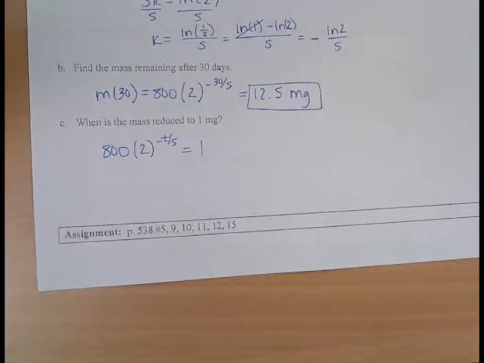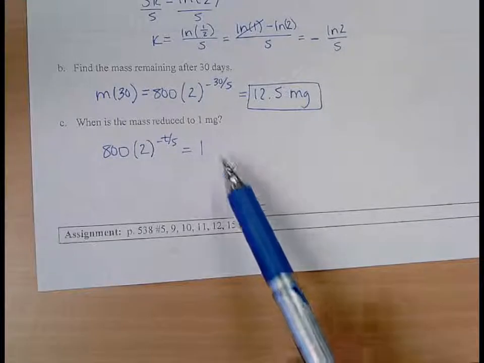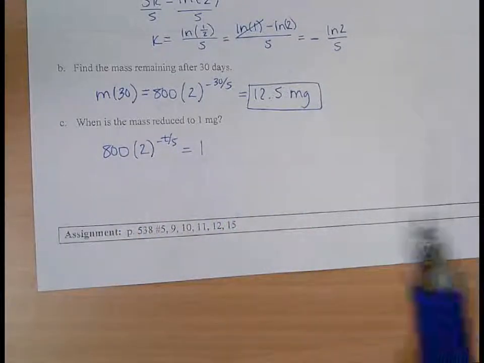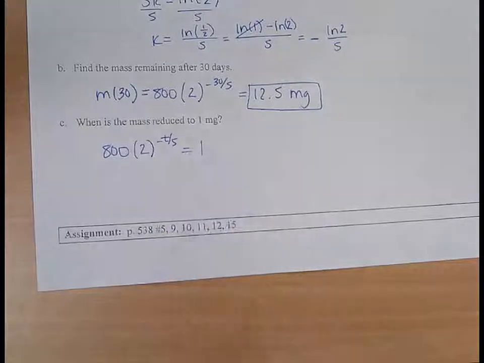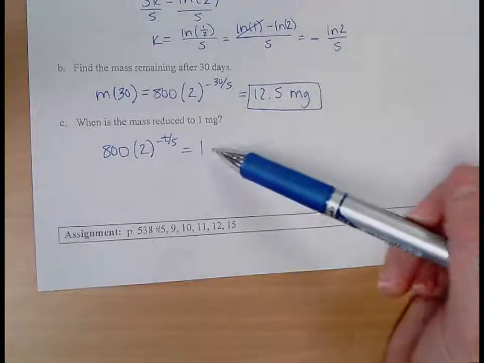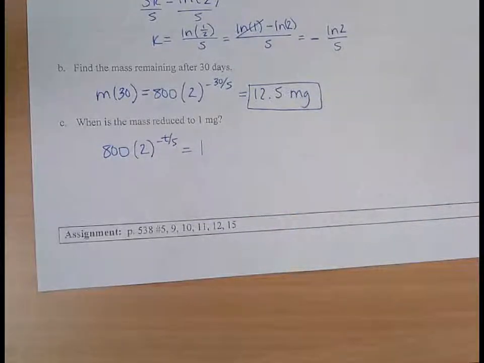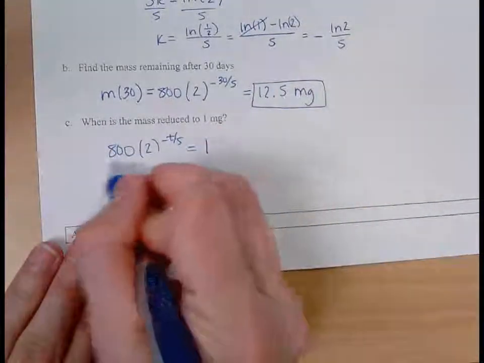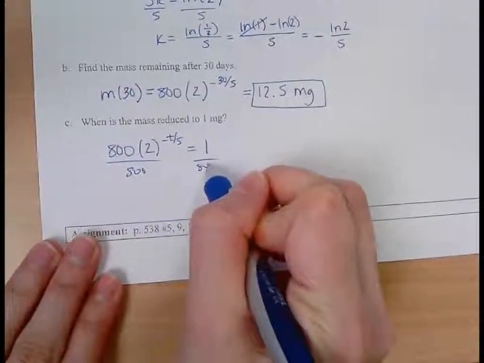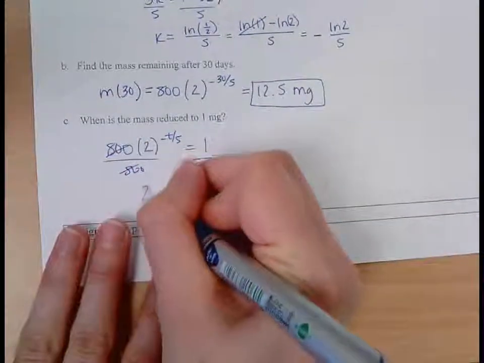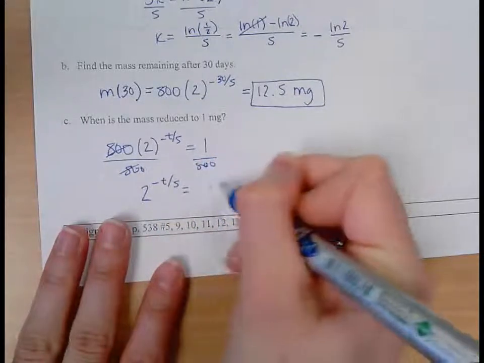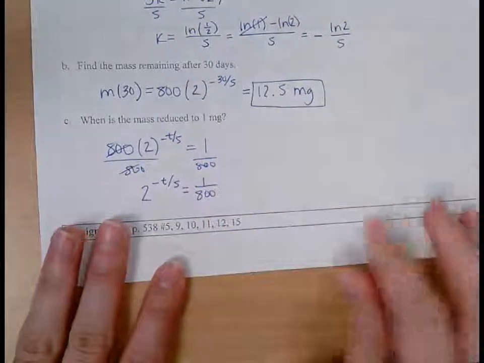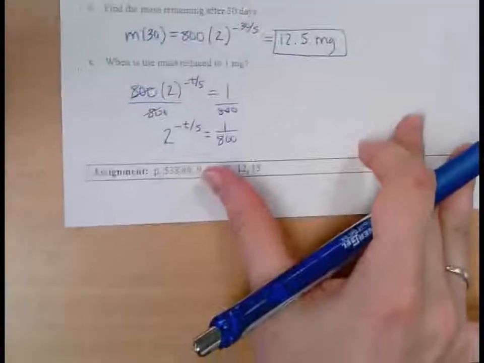And like we talked about on Monday, whenever you have to solve something like this, I suppose you could be asked to solve something like this on a non-calculator part, and it would force you to leave the answer in exact form. If it was on a calculator part, you could graph this too and find the solution that way. But to solve this, I'd have to divide by 800. So I'd have 2 to the negative t over 5 equals 1/800th. Wow, so small.